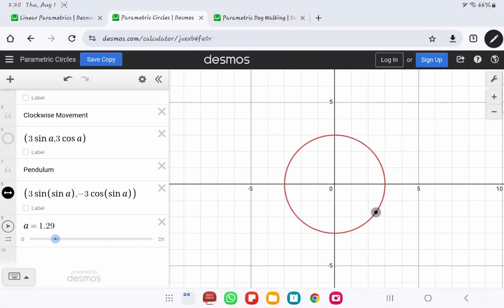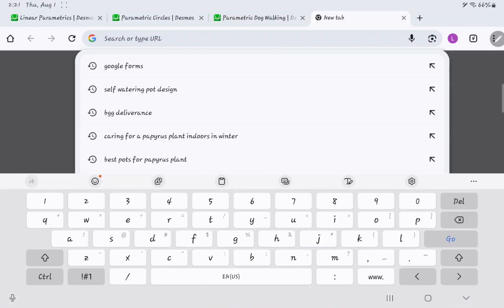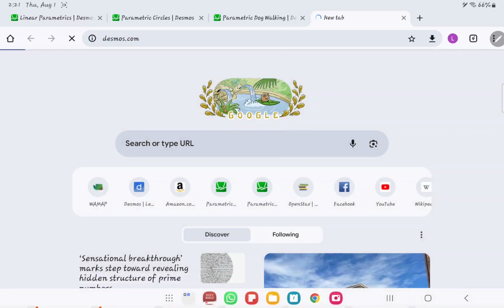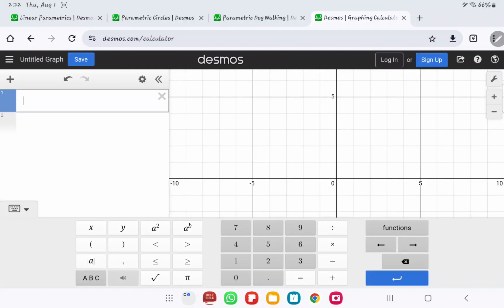So let me switch over here, and we'll go ahead and go to Desmos. And like I said, what we're going to do, maybe if I can get my keyboard to work, is put in parentheses, I think it was 6 minus 4t.